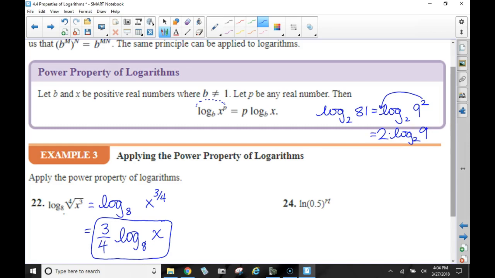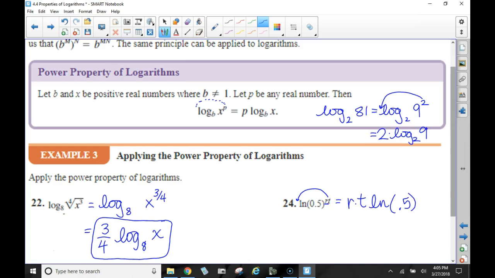On number 24, if you want to write this as the log with base e, you can. But really, all we need to do is slide that power down front. This is the same thing as r times t multiplied by the natural log of 0.5.